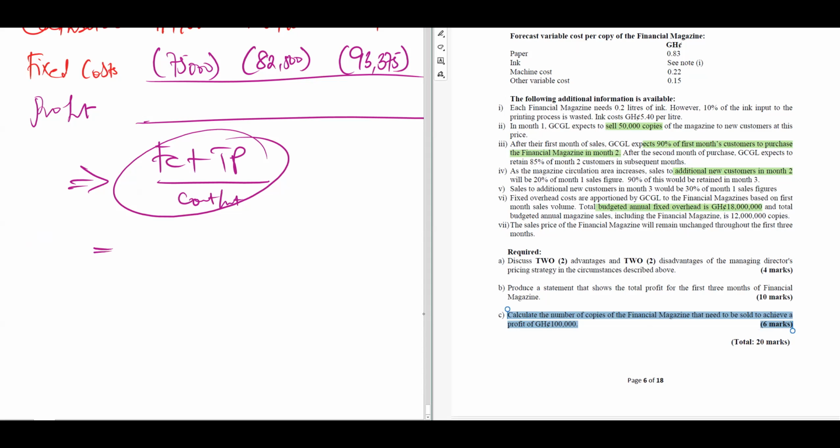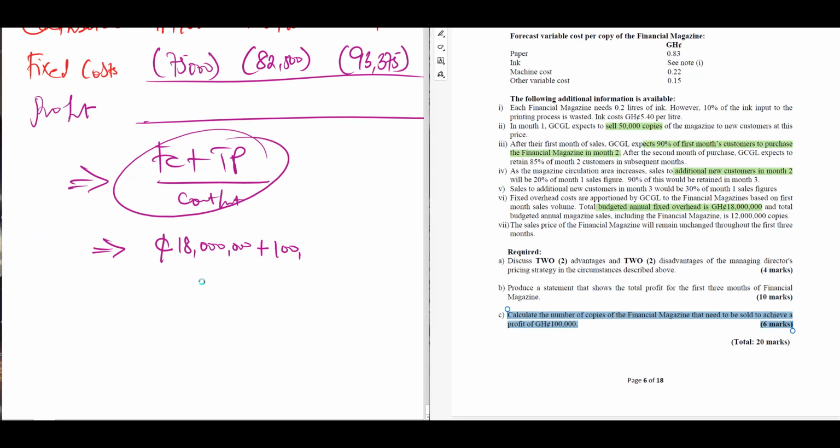So here we know that the fixed cost itself was what? The fixed cost was 18 million, but we want 100,000, divided by the contribution per unit.